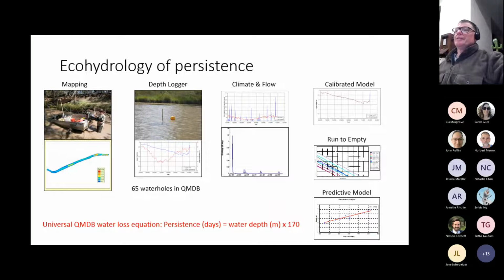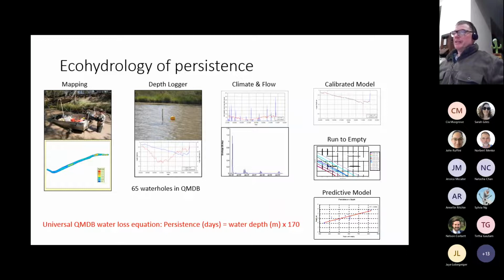We've used climate and flow data from SILO and from gauges, and the modelling approach that JV helped us develop to calibrate these models so that a model represents the observed water loss rates. And this is done largely by tweaking parameters associated with seepage loss and multipliers on daily evaporation rates obtained from SILO. It takes the bathymetry of the waterhole into account in that process too.